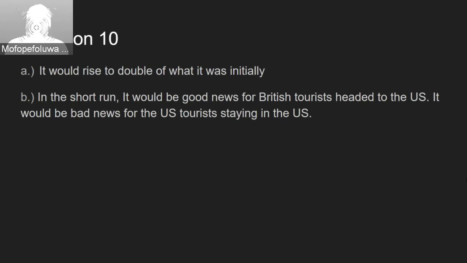And then for part B, in the short run, this would be good news to British tourists headed to the United States, and bad news for the US tourists that are staying in the United States.